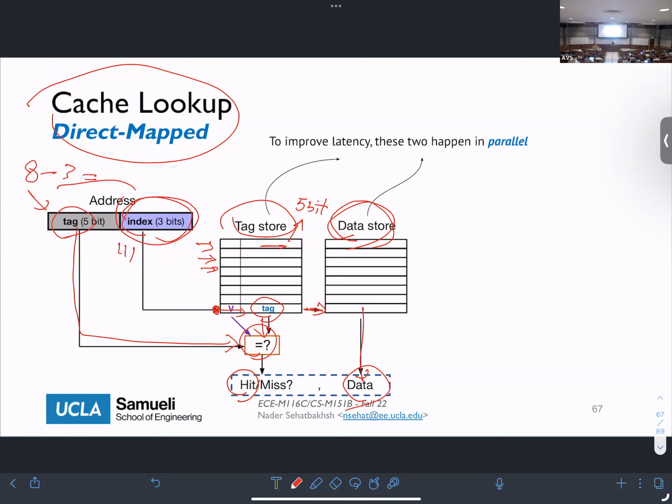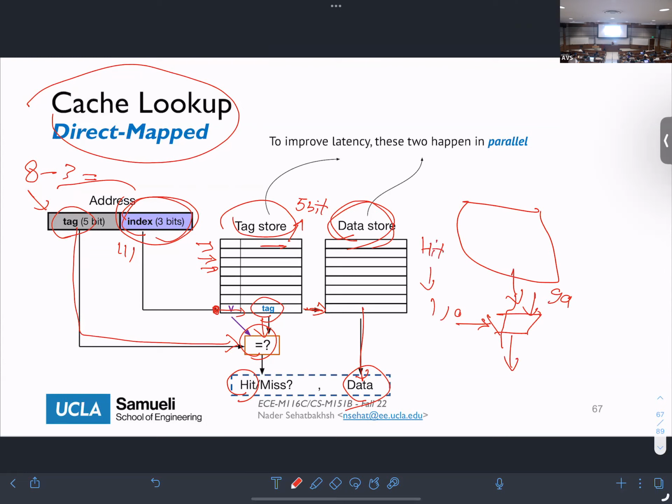What we really do is, this would be our data memory. We read this, we add a mux here, and this mux takes garbage and this value. If the hit signal is 0, we read garbage. If it's 1, we read this value here. 1 means hit, and 0 means garbage, which means miss.